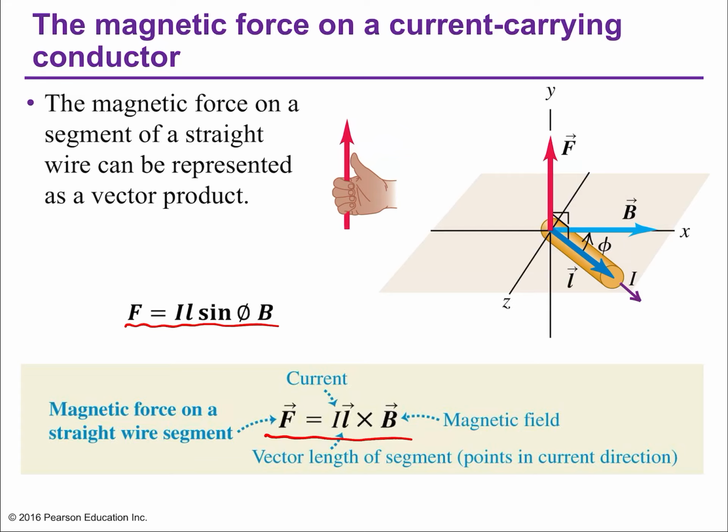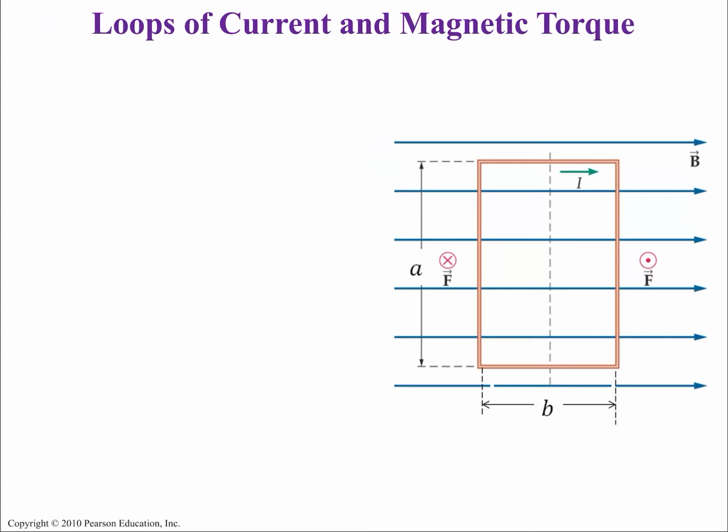All right, let's apply our idea of the magnetic force to what is known as a current loop. As the name suggests, in this diagram we're showing you a current loop. The geometrical shape of the loop is a rectangle of length A, width B, and it's got a current I flowing in the direction that it's showing.